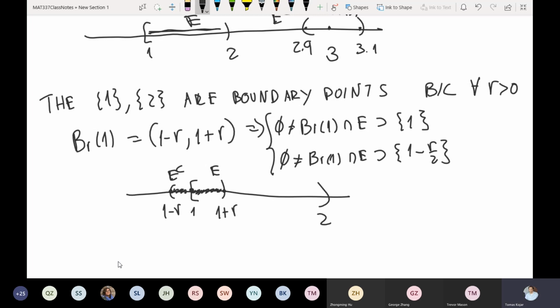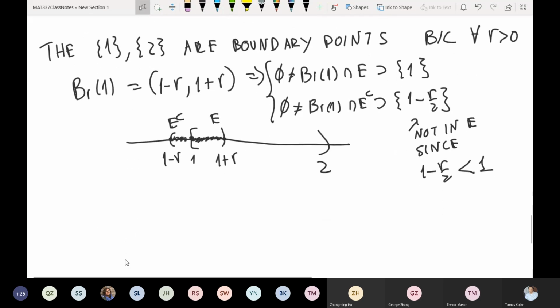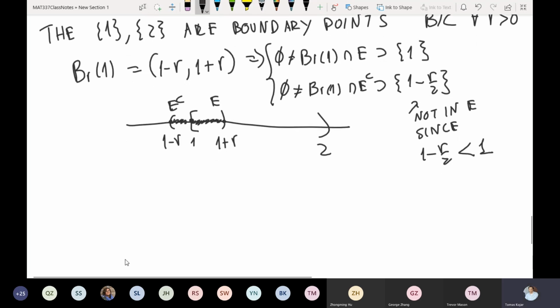Right, so it contains this point, which is not in E. Okay, same.